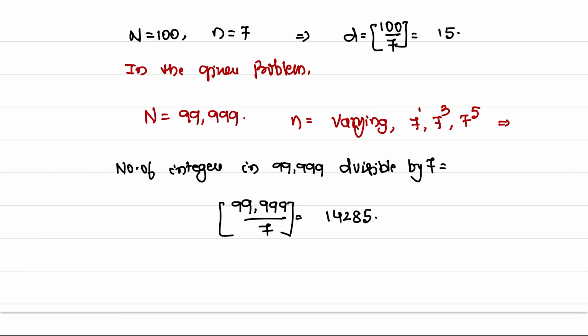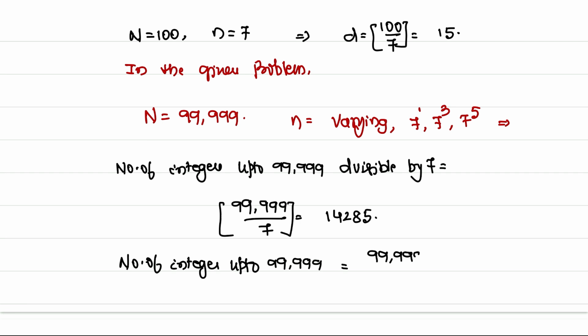Number of integers up to, we can say up to, we are talking about positive non-zero integers, is equal to 99,999 divided by 49.